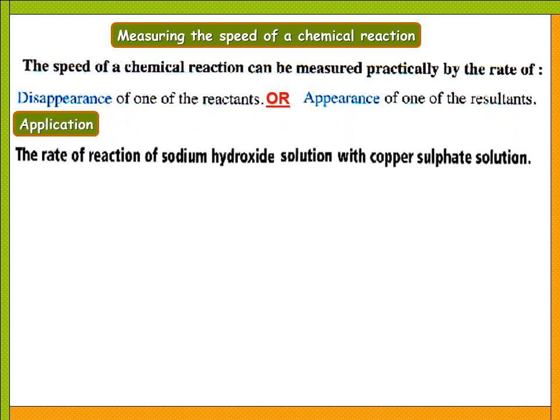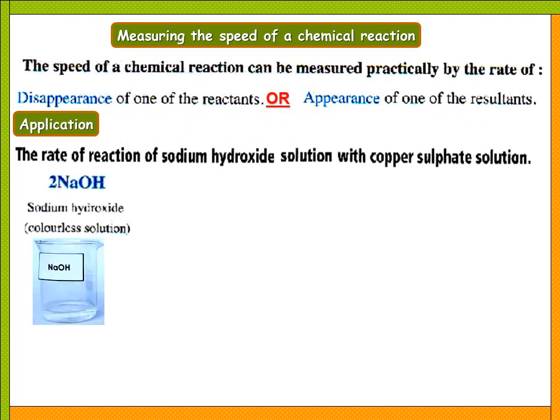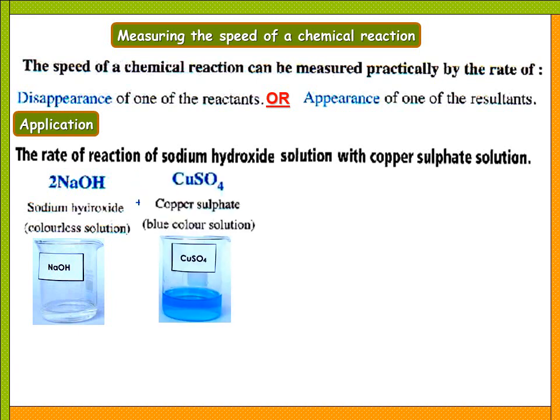We have an application: the rate of reaction of sodium hydroxide solution with copper sulfate solution. We have sodium hydroxide, which is a colorless solution. Another one is copper sulfate, and you know its color, the color of the sky or sea, blue. We make the reaction between them. What is the product?